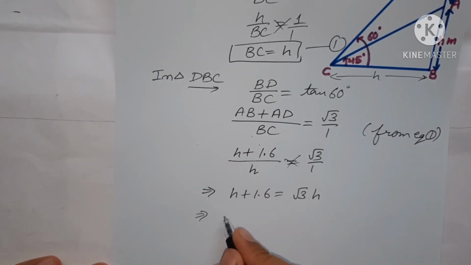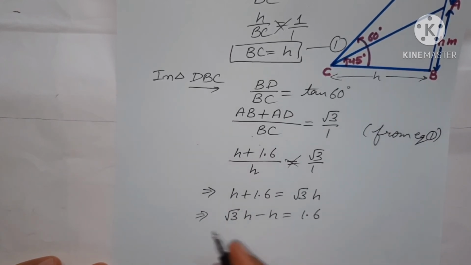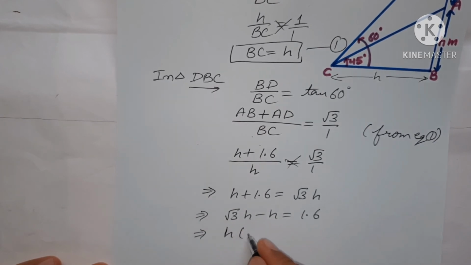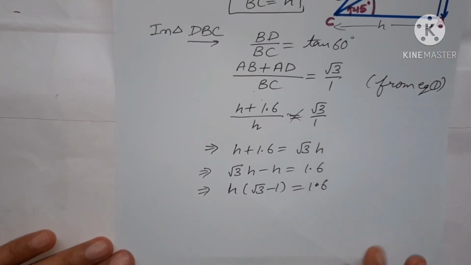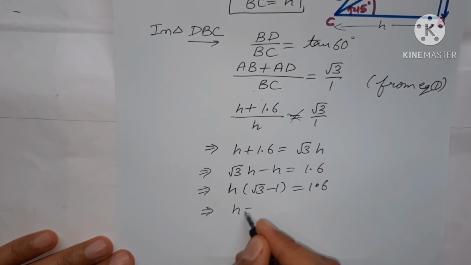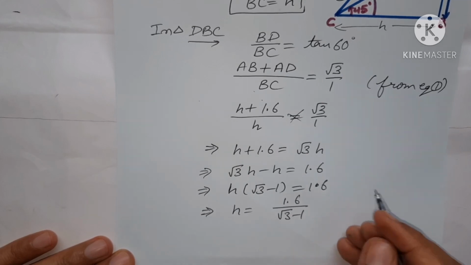So all these h terms we will take on one side. So it will be root 3 h minus h is equal to 1.6. h is common from here. So inside the bracket root 3 minus 1 is equal to 1.6. So value of h here is 1.6 upon root 3 minus 1.